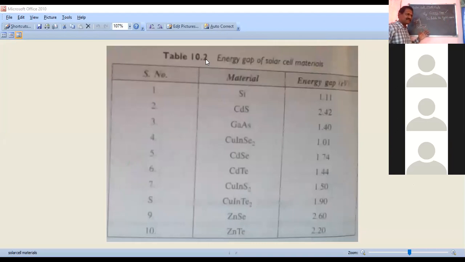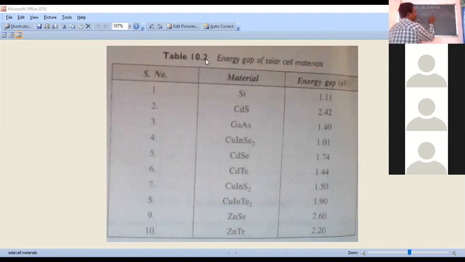If the light has a particular energy, in the sense they have their own wavelength values, it is going to be used here for the energy gap. The energy gap must be suitable to the light.